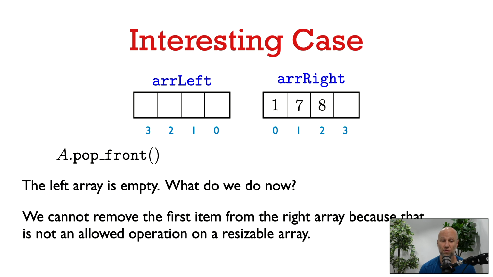So that is, we want to remove the 1, the first element in the right array. But removing the first element of a resizable array is not in our abstract data type for a resizable array. So we could do it, but it's a very expensive operation. Do you see any other way that we could proceed?